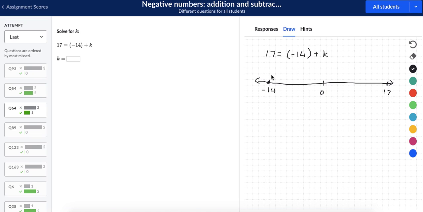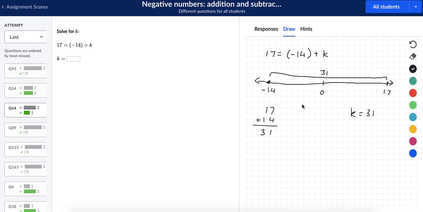How many spaces is it to get from negative 14 up to 17? If you think about it that way, all you're really doing is adding 17 plus 14, and that is going to give you 31. So we recognize here that k must be 31, because there's 31 spaces between negative 14 and 17.